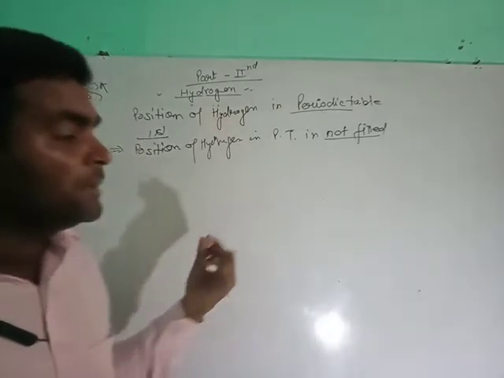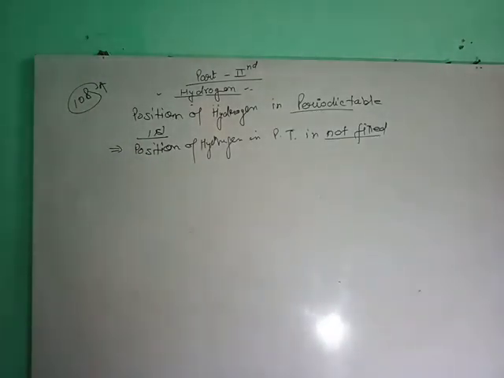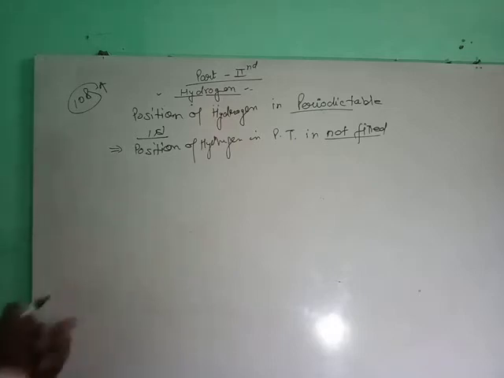Fixed position in the periodic table means the group or the period of the element is fixed. This means any element has a fixed position in the periodic table, but hydrogen does not have a fixed one.